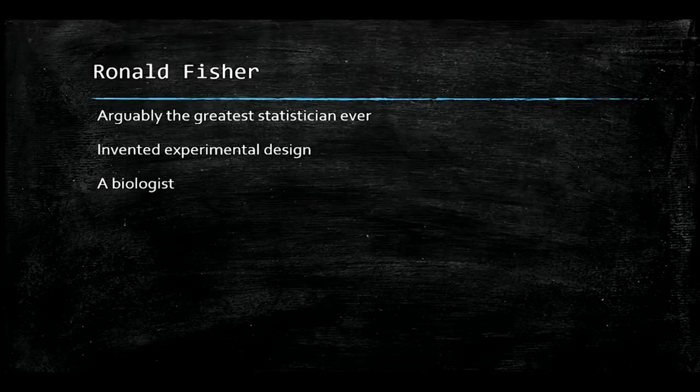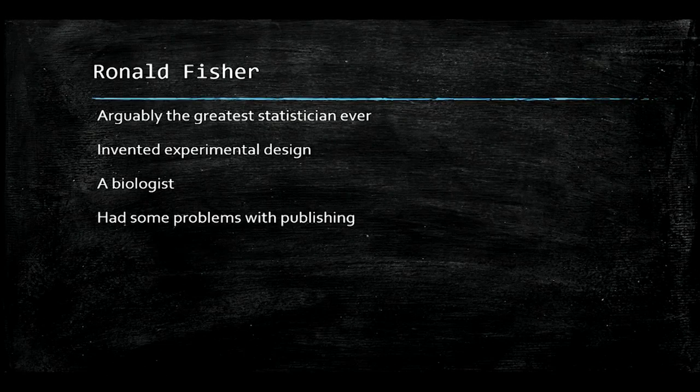His methods were used to increase crop production, which is said to have saved thousands of lives. He did experimental design. He was actually a biologist. Richard Dawkins called him the best biologist since Charles Darwin. He was one of the founders of population genetics. So he did a lot of accomplishments in biology also.